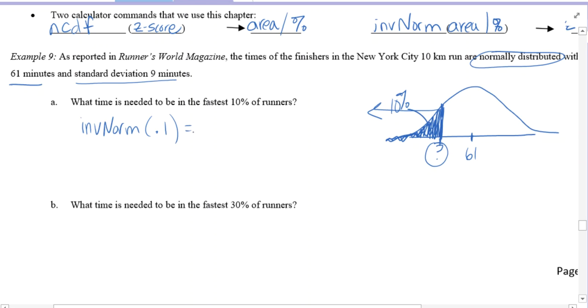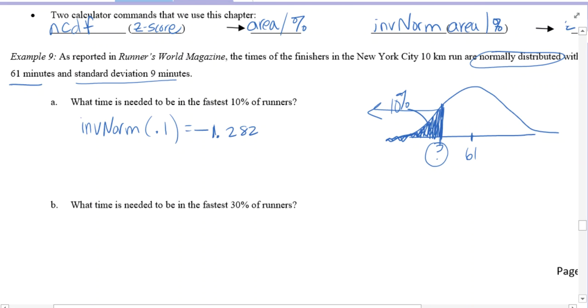On your calculator, it's right by normal CDF. You go to second vars and down to number 3, inverse norm. You do inverse norm 0.1, and you're going to get negative 1.282.